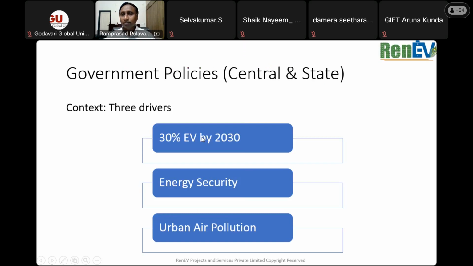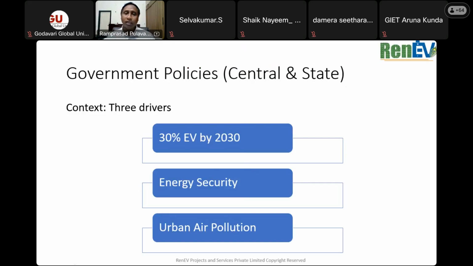So what are the main drivers? The main drivers we see from the central government as well as state governments of India are three. The government of India has given a high level target. What is the high level target?